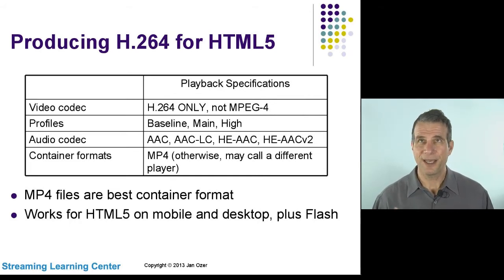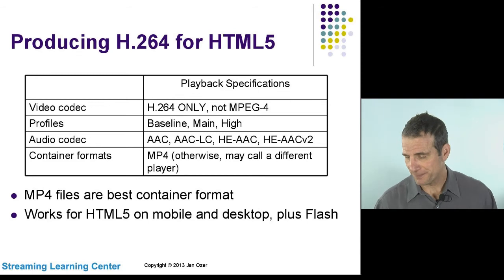So if you use an H.264 encoded file with an MOV extension, the browser may call the QuickTime player, which isn't terrible, but it's not what you want. You want it to play back natively in the HTML5 player, and for that, use the MP4 extension for the H.264 codec. If you do that, that file will play in Flash, it'll play in HTML5, and it'll play in mobile.